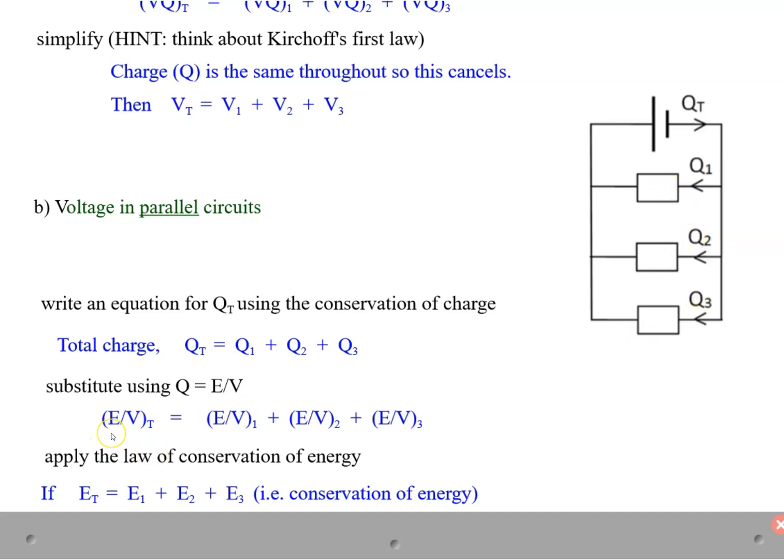If I look at the top of each of these fractions, I've got E total, E1, E2, E3. That expression can only make sense if we're dividing every term in the expression by the same value. So if VT was not the same as V1, or V2, or V3, then that would no longer be true. This is a little bit more difficult.